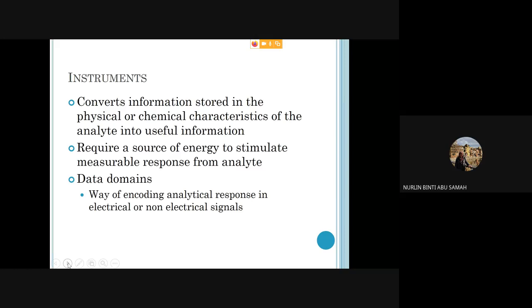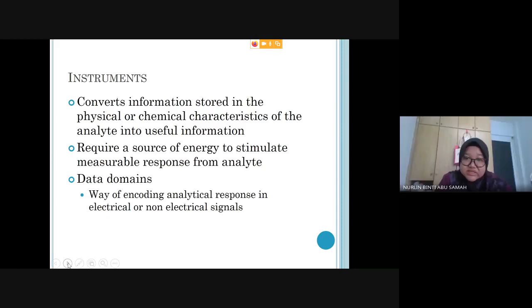Next, it requires a source of energy to stimulate a measurable response from the analyte. Basically, most of the instruments that you will learn in this course have a source of light, a source of energy. For example, the UV spectrophotometer uses UV light and visible light as the source of energy.